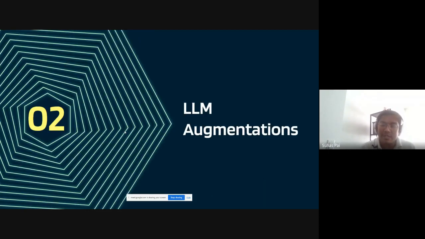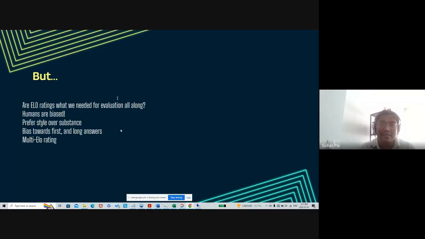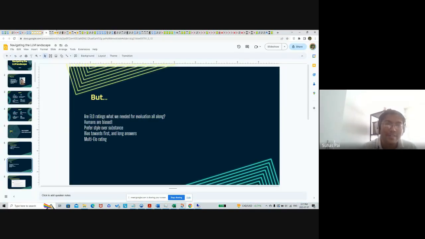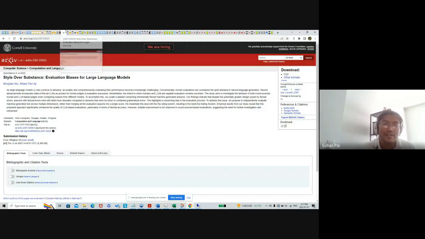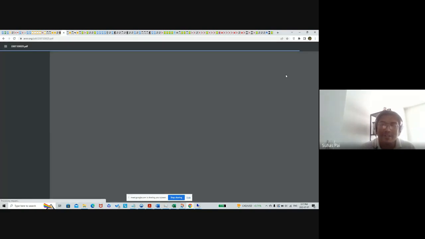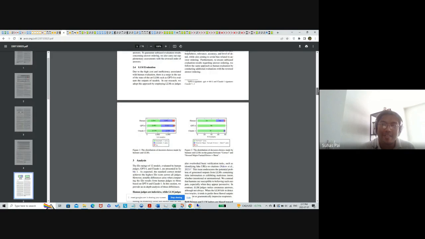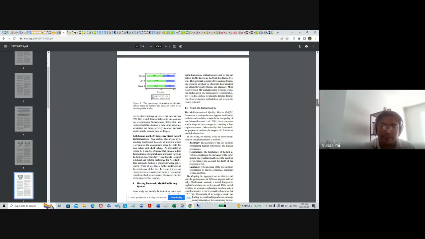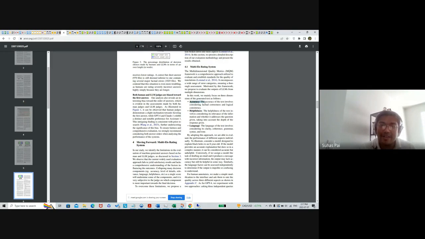Very interestingly, there was a paper about this that came out just today. Style over substance: evaluation biases for large language models, and they propose something called a multi-Elo rating system, which basically looks at, you do Elo but across multiple dimensions, across accuracy, helpfulness, language.